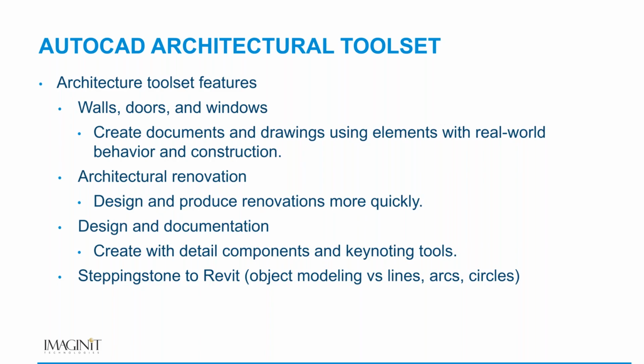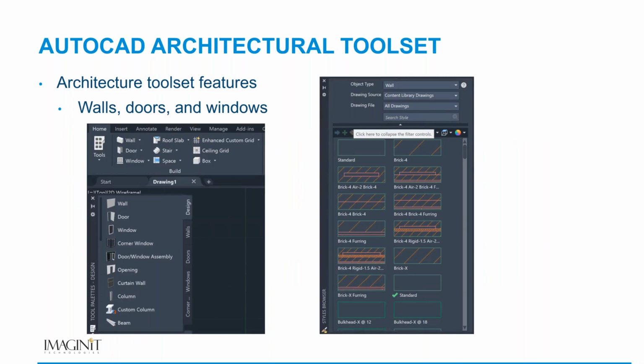So all of these things are interconnected. And like I said, this is a stepping stone to Revit because Revit has a lot of the same ideology and thought process involved. And so when you're familiar with the AutoCAD architectural tool set, moving up to Revit is a less daunting task because now you're familiar with some of the tools and how they operate. So with that, we're going to talk about walls, windows, and doors.